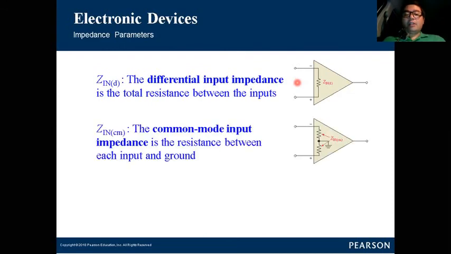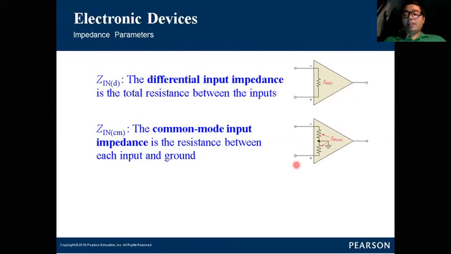The next one is what we call the common mode input impedance. This is different from the first one because of the manner in which it is measured. No? So ang measurement ng ating common mode input impedance is between the input terminal and the ground. So kung meron tayo ditong input terminal at ito yung ground natin, ito yung resistance natin.